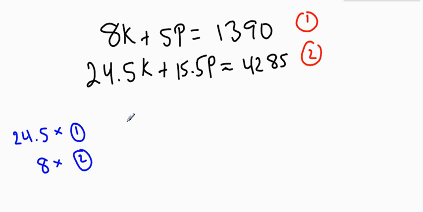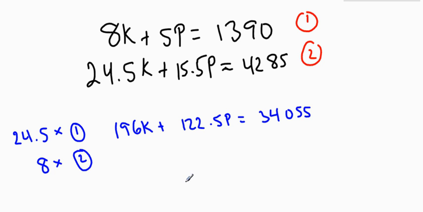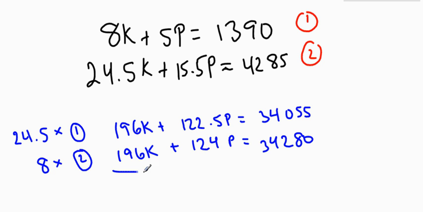So my calculator is handy. I have 24.5 times 8, 24.5 times 5, and 24.5 times 1,390. Now I'm going to take the second equation and multiply by 8. So again, those match. 8 times 15.5 and 8 times 4285. So I made my K's match.